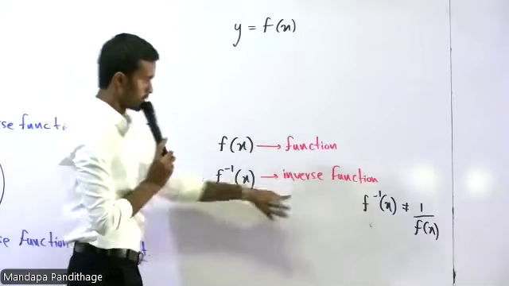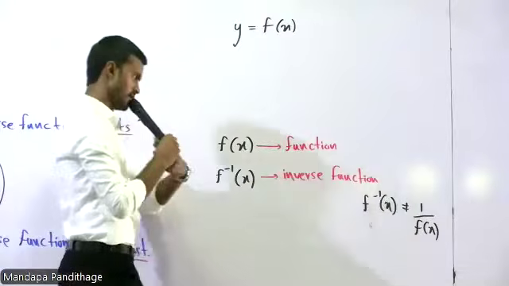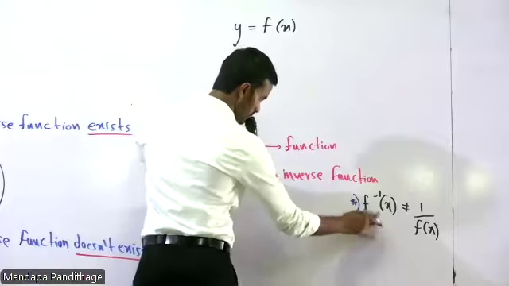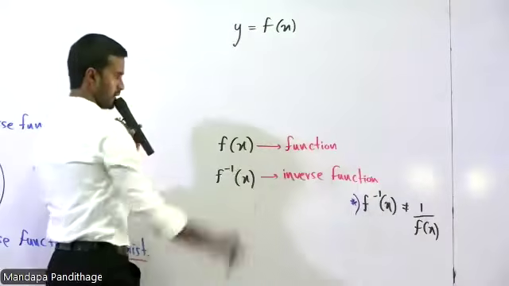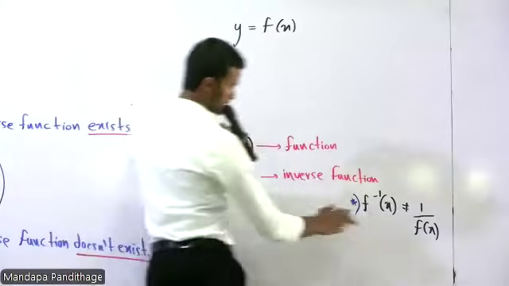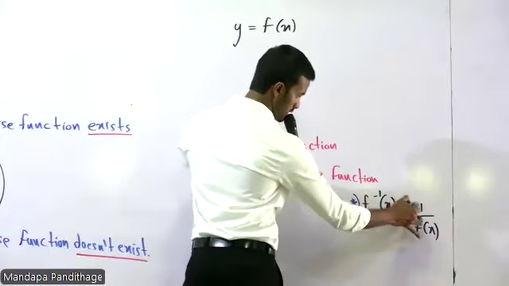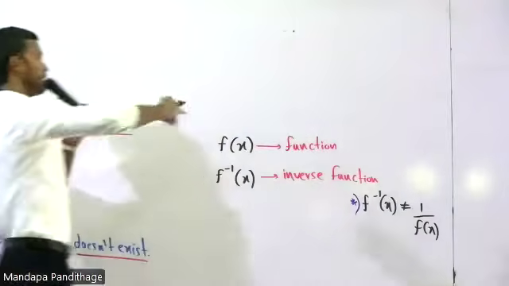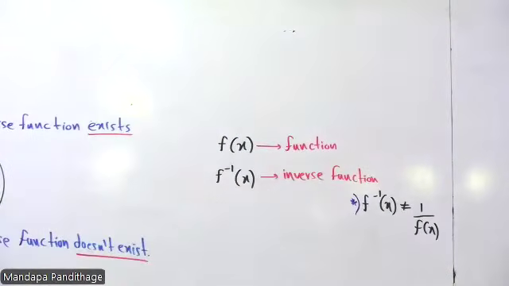Then write these two, and towards the right hand side note this down too, because you might make a mistake. Don't write that it is equal. f(x) is the function, f inverse x is the inverse function. So this is how you denote the inverse function.